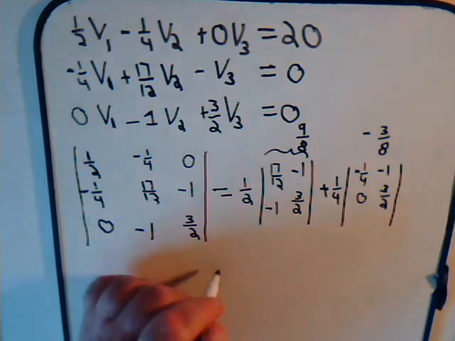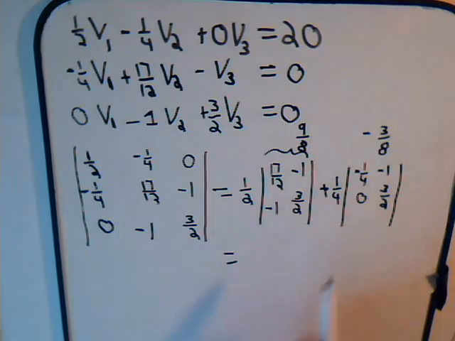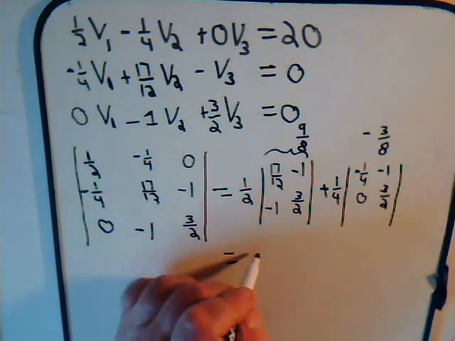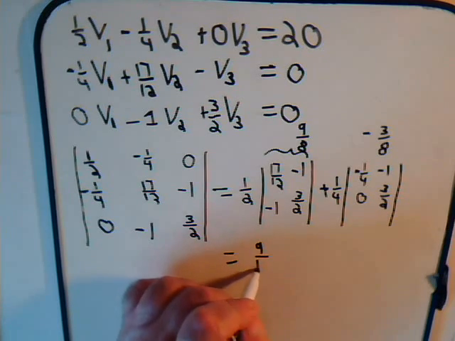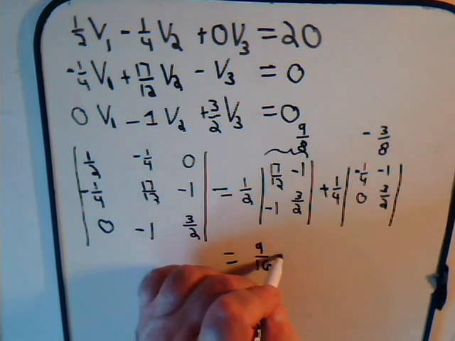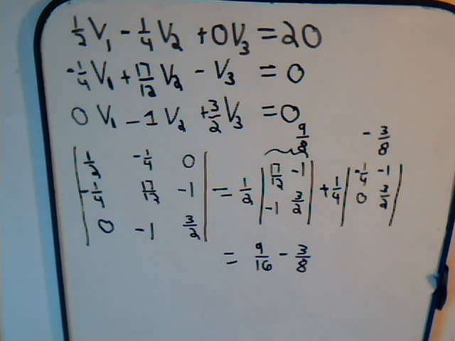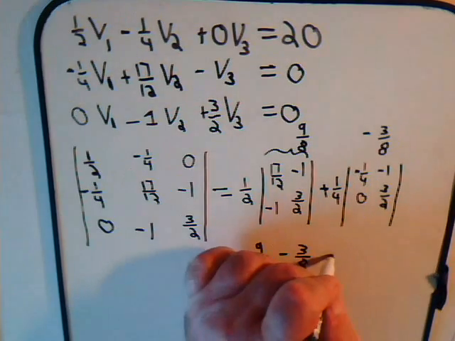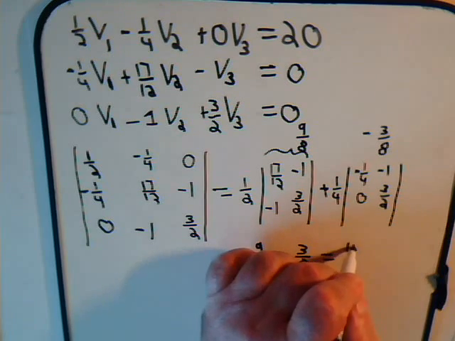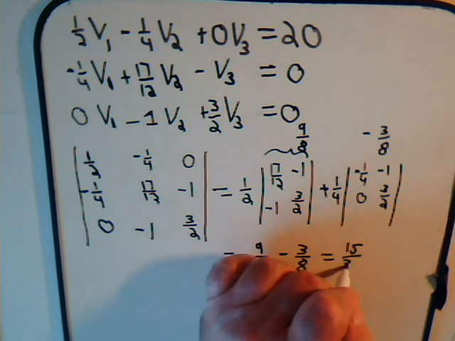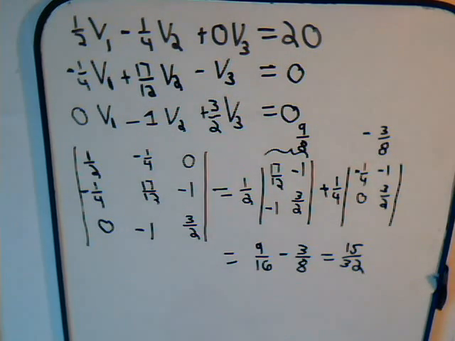So let's see, this is equal to 9/16 minus 3/8, and this comes out to be equal to 15 divided by 32. So we took the time to determine the numerical value for this determinant.